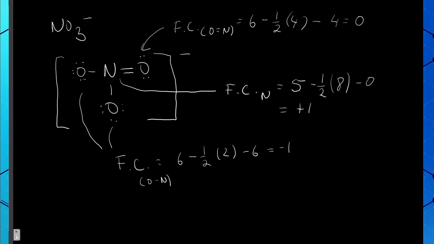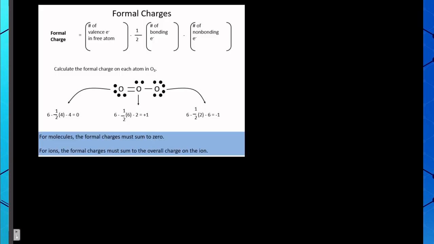In the case of the nitrate ion, I can draw this ion right here with a double bond over here or over here. The formal charges will be the same. Likewise, in the case of the ozone molecule here in the first slide, if I draw the double bond over here and leave this oxygen with a single bond, the formal charge will be the same.